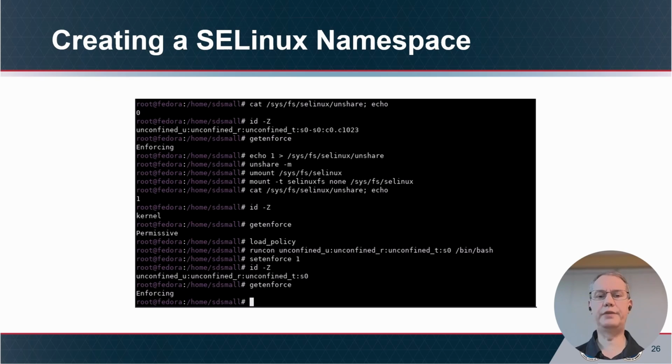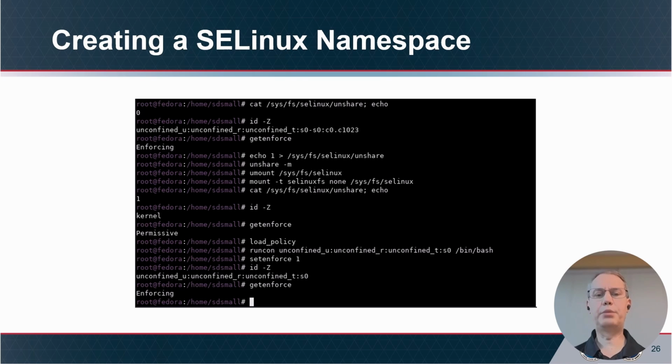This is a screenshot showing a sequence of commands to manually create an SELinux namespace and initialize it. First, it cats the current value of the unshare node in SELinux FS, which is 0, because we are still operating in the initial SELinux namespace.